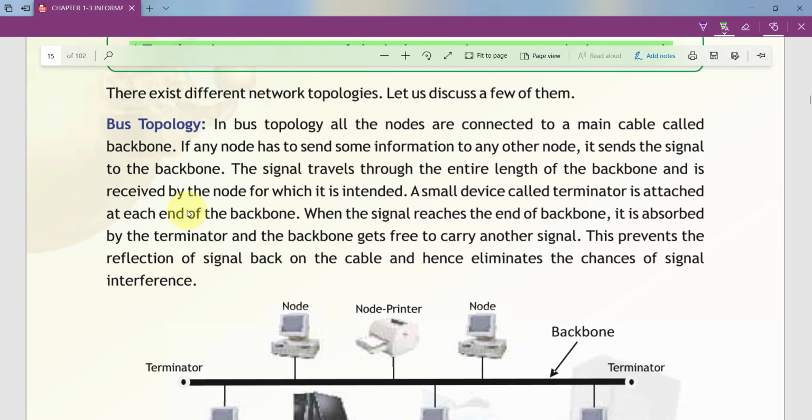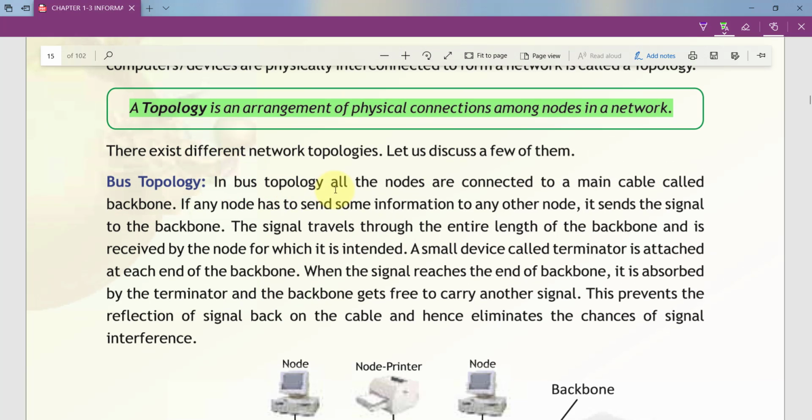Now you note down the definition of bus topology. In a bus topology, all the nodes are connected to a main cable called the backbone.